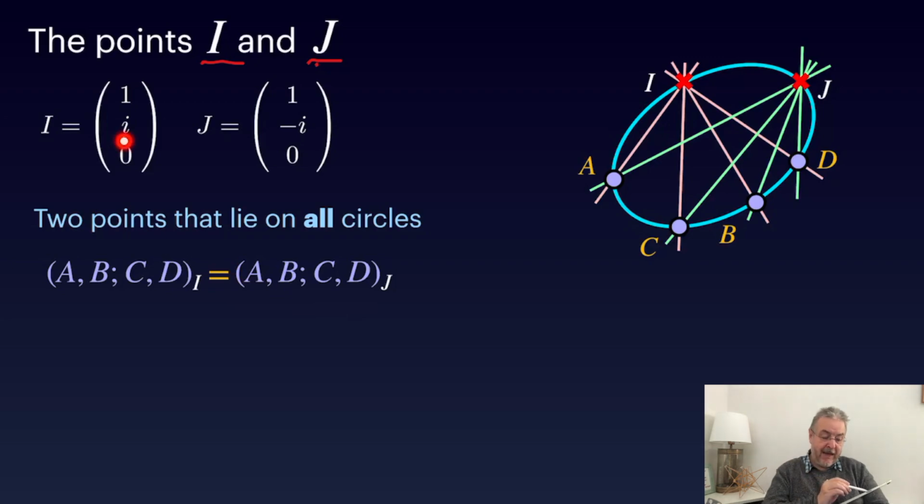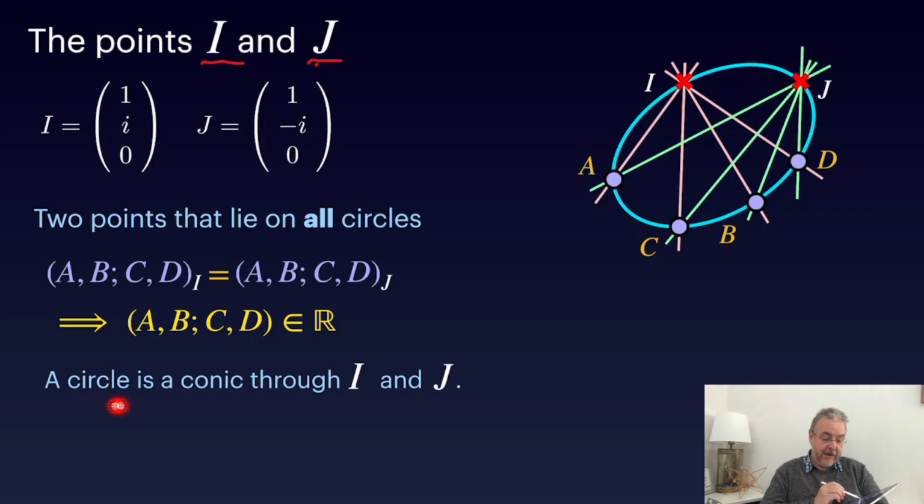So I replaced I by minus I, and by that I replaced this number by its complex conjugate. So this equation reads: this number must be equal to its own complex conjugate, which means it must be real. This tells you that our complex cross ratio indeed is a real number, and by that we can really say a circle is a conic through I and J.